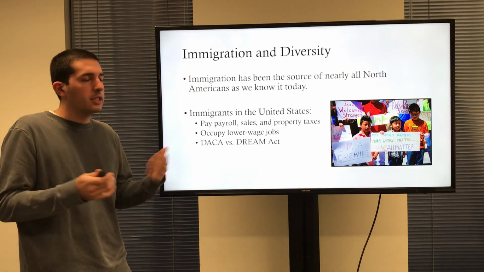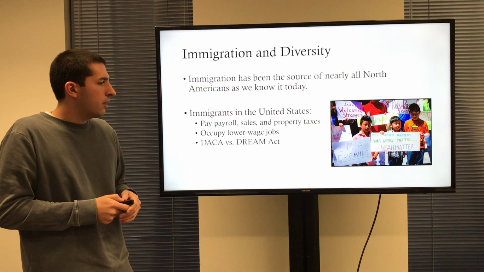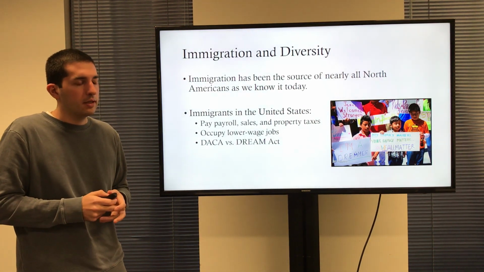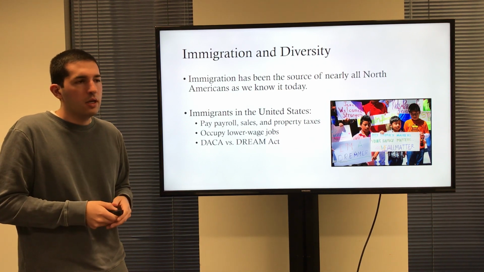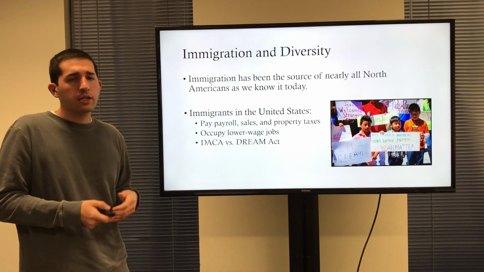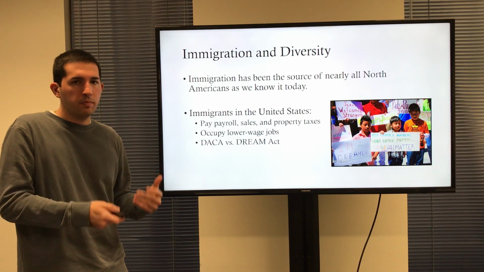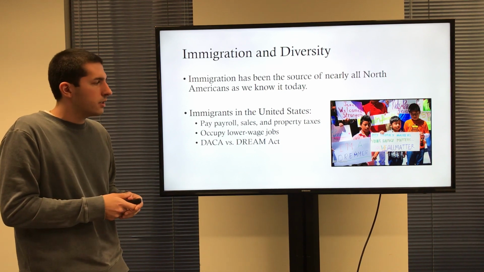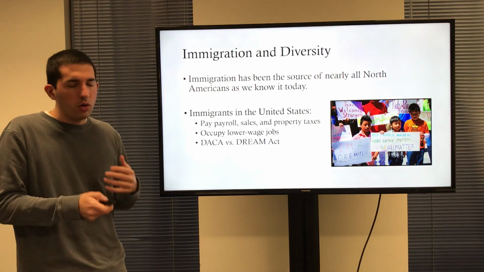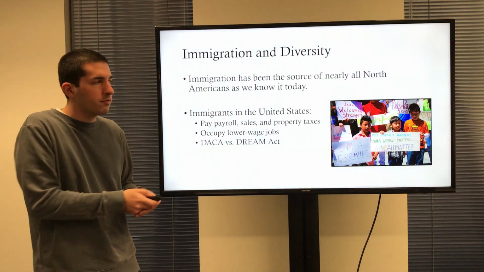They're largely not tapping into some of those social safety nets, and they actually have a lesser burden on the health infrastructure because of an idea called the Latino paradox, where folks immigrating from Latino countries actually have higher quality of health than people native to the United States. And so that brings us to the lower wage jobs, where most immigrants are occupying those low wage jobs, which usually Americans are not competing for.